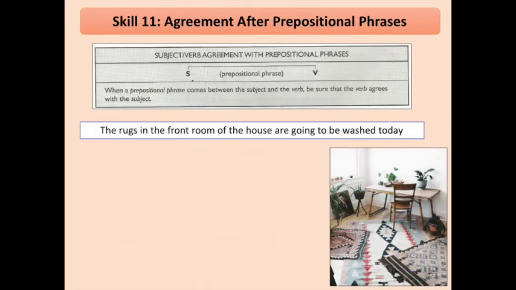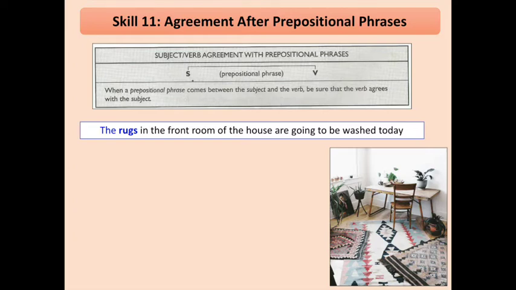Look at this sentence and try to identify the subject and verb and any prepositional phrases. The rugs in the front room of the house are going to be washed today. The subject is the rugs. This is a plural subject.